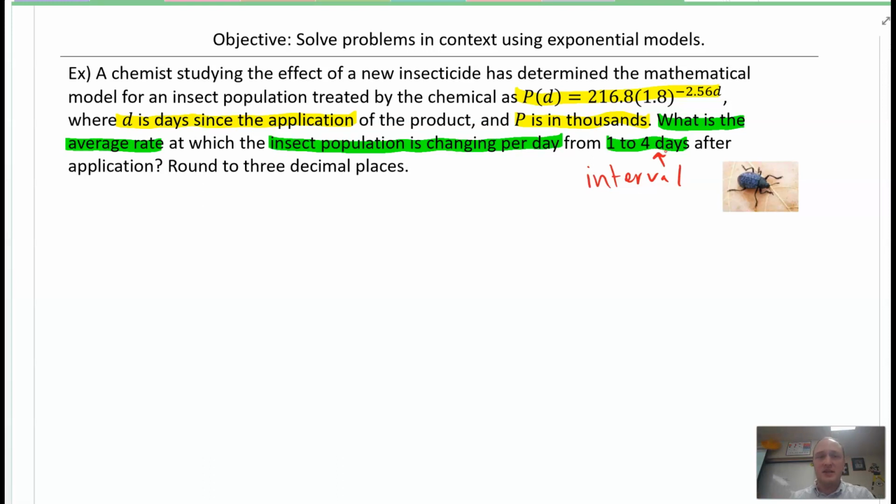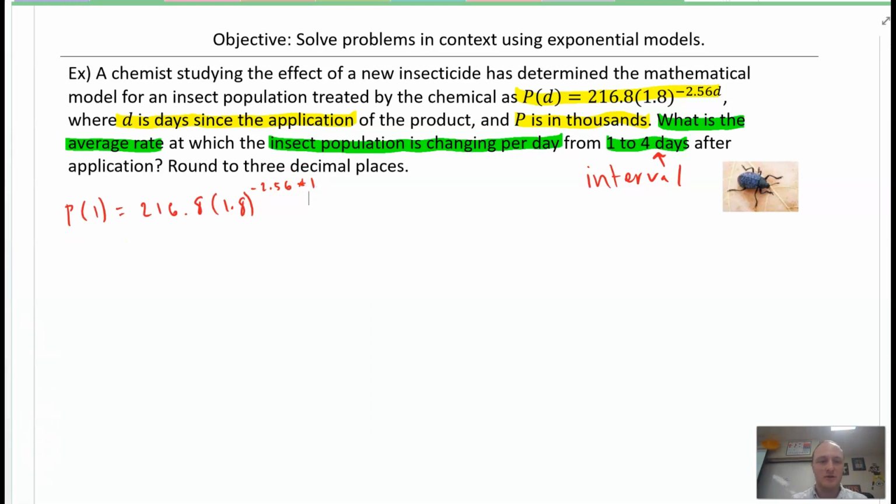I don't know what is the insect population on day 1 after the application of the chemical, and then 4 days after the application. So what we have to do is calculate what is P of 1. So we'll take our formula or our function, and we'll go ahead and evaluate it.